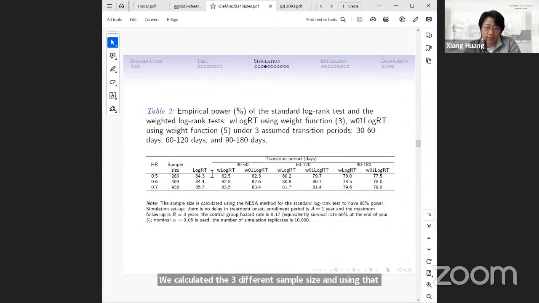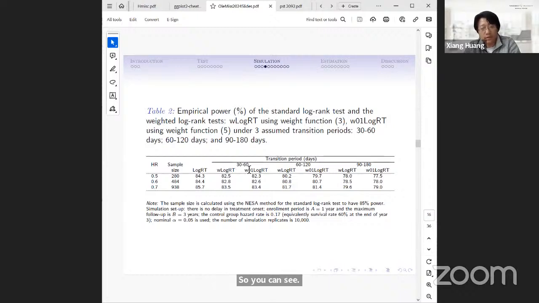We calculated the 3 different sample sizes, and using them we ran our simulation. In this scenario, the log-rank test is supposed to be the most powerful test. That is true, because we suppose 85% power, and the log-rank test gives us close to 85% power. But our proposed weighted log-rank test has power less than 85%.